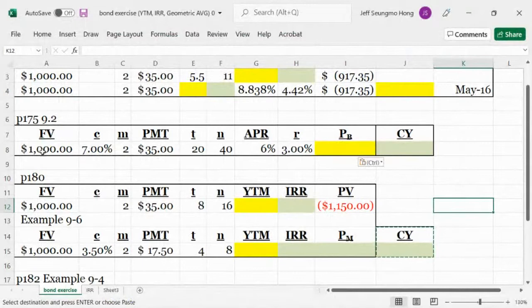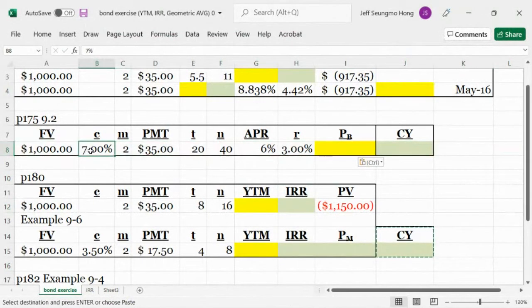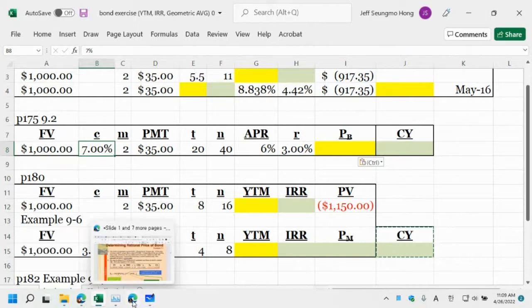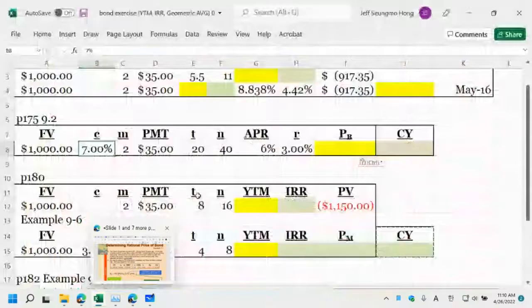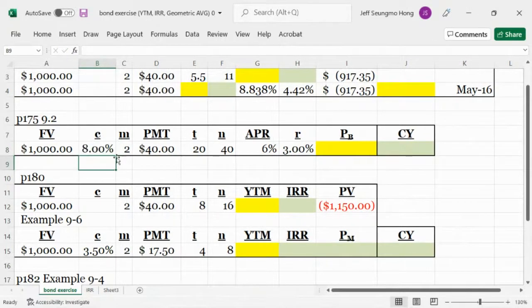I just want to make some adjustment to this to fit our example, and our example was coupon rate 8%. How many years left? I believe it was 10 years, right? So change that to 8%, and then 10 years. And we did it last time.